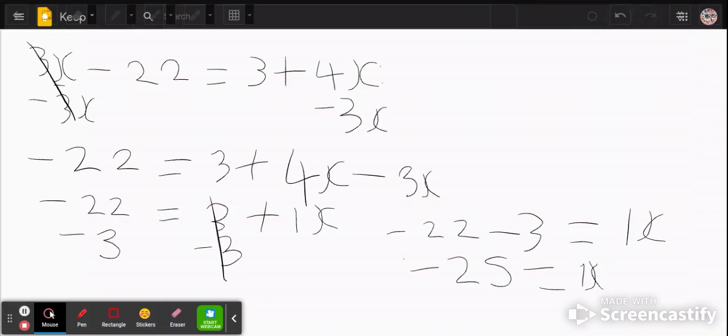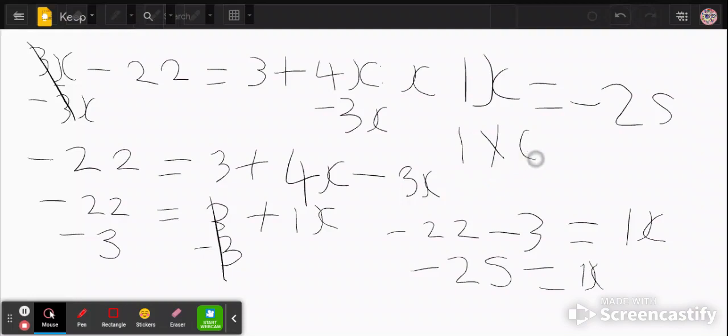And if you want to say x is equal to negative 25 instead of 1x is equal to negative 25, well, as stated, 1x is the same as x, right? We normally don't say 1x, but there's always a coefficient of 1 before x, because any number which you multiply by 1, you get it by itself, right?